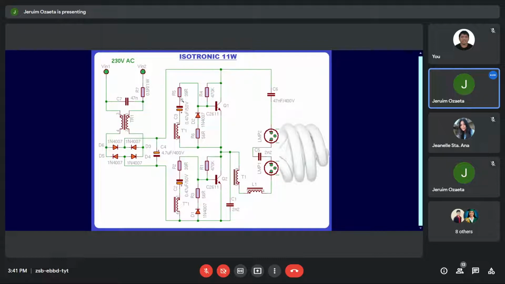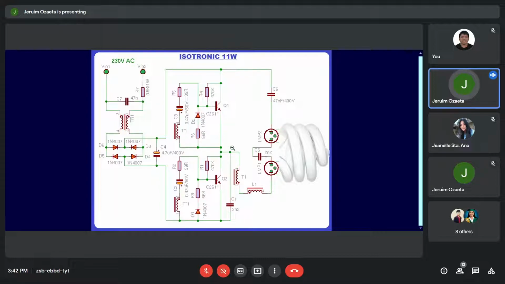So what forms of this circuit? Take note of this. Two transistors Q1 and Q2 are configured such that they are in push-pull operation. Okay? So they are in a push-pull operation. What comes next? Anong mangyayari kahit nitong push-pull operation ito?